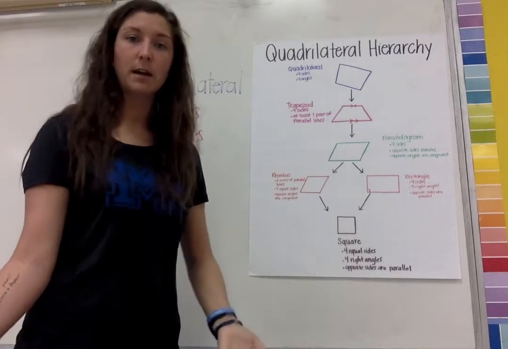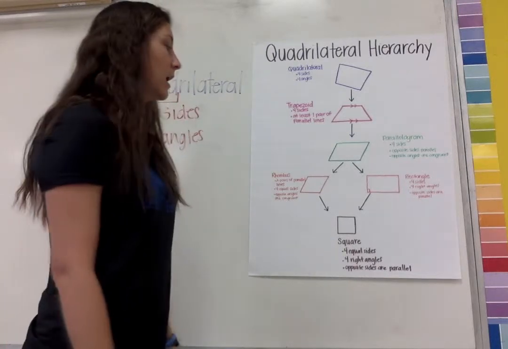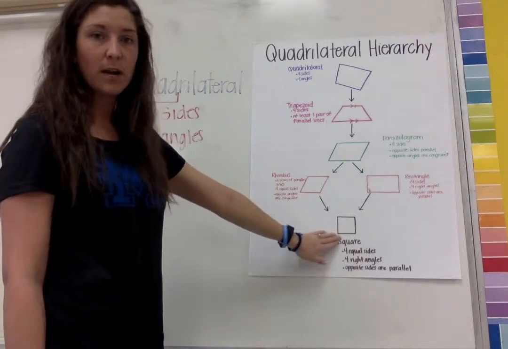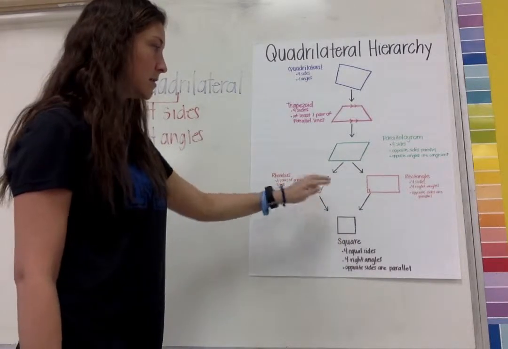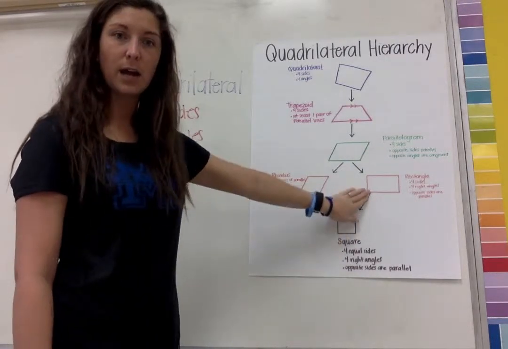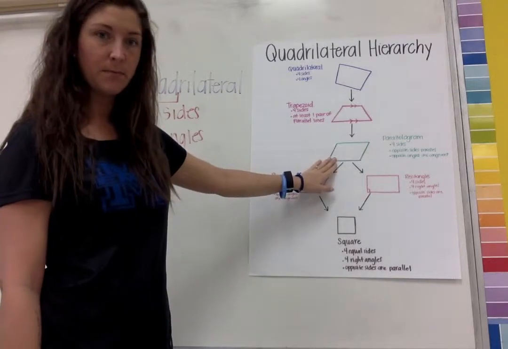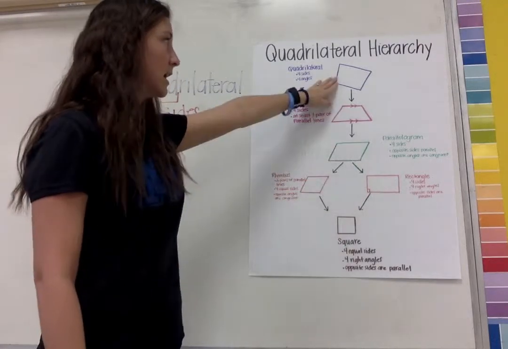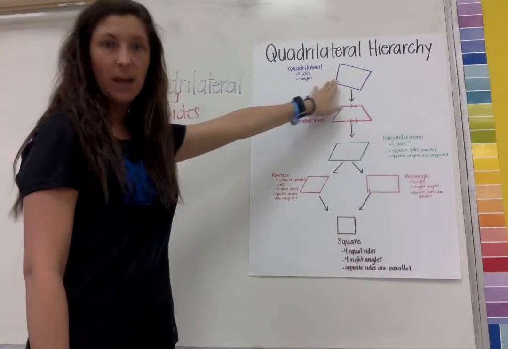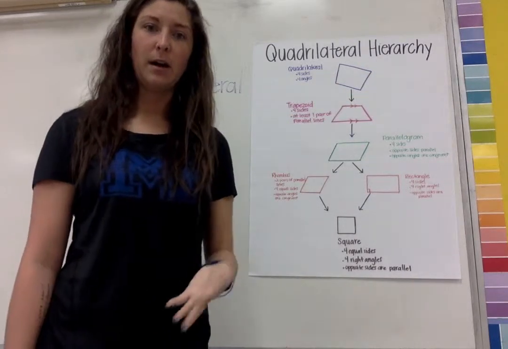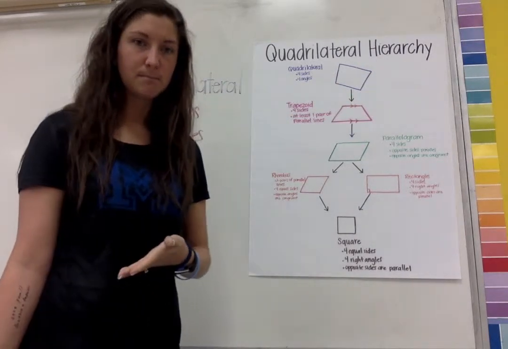They are also polygons as well. And a square can be a rhombus, a square can be a rectangle, a square is a parallelogram, and a square is a quadrilateral. It can also be known as a polygon because it has many sides.